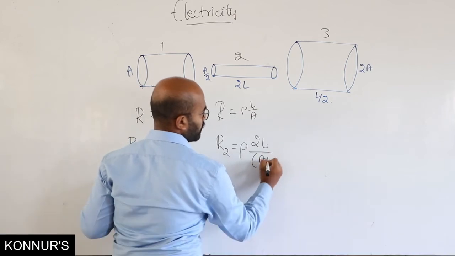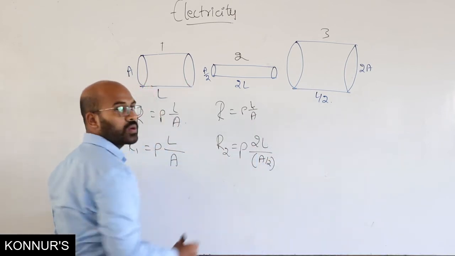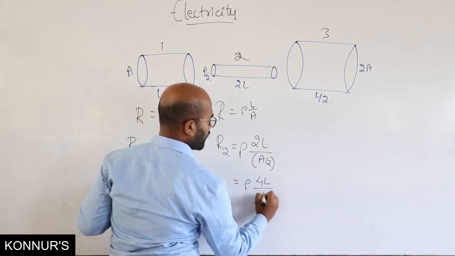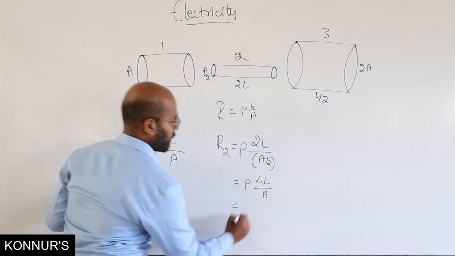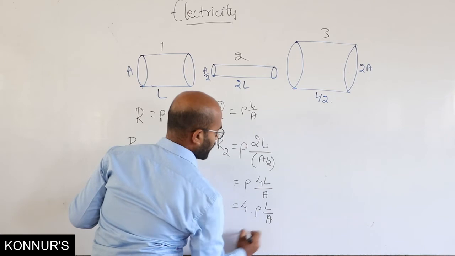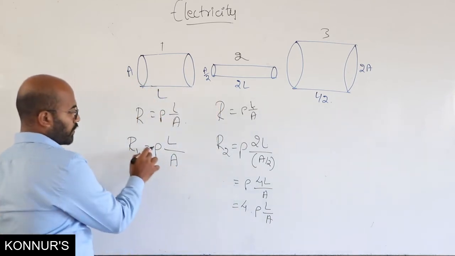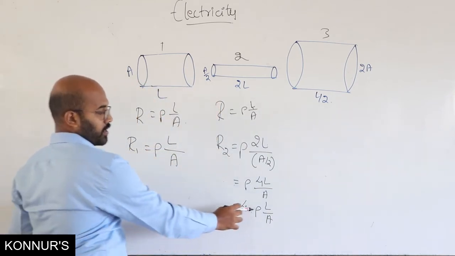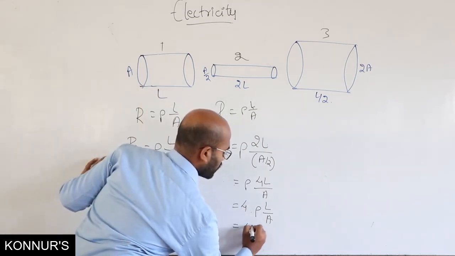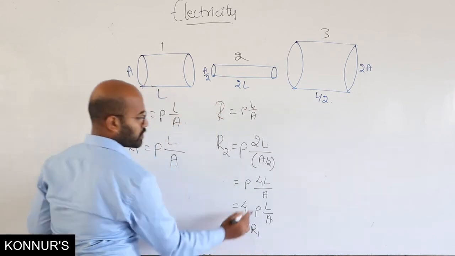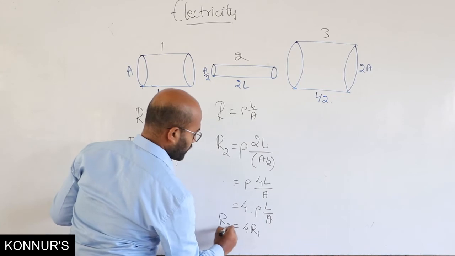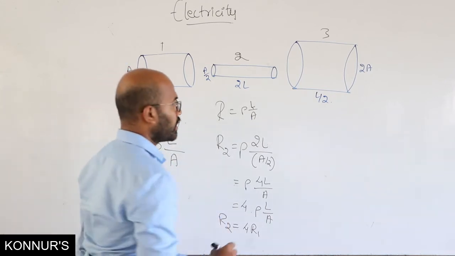It is A by 2. 2 goes to the numerator, that is rho 4L by A. If I take 4 common, I will be left with rho L by A, which is R1. So I can write it as 4 R1. So R2 is 4 times R1.